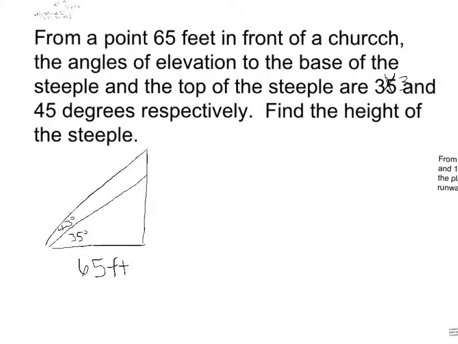And then I called this Z, that little piece, and then this Y. And then you do it individually, so it's tangent because it's opposite over adjacent. So then you do tangent of 35 degrees equals y over 65.